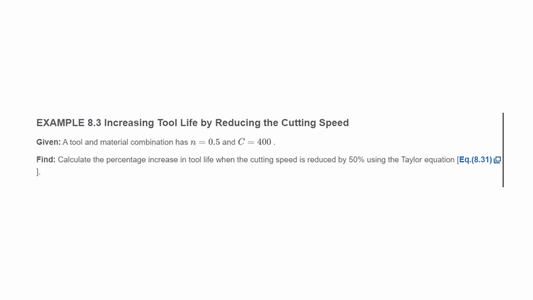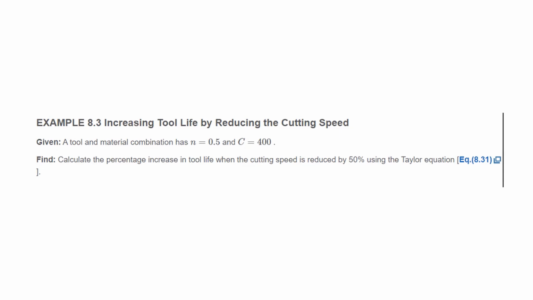This states that V1 T1^n equals C, right? So for the second case scenario it will be V2, the second cutting speed, multiplied by the corresponding tool life T2^n equals C. You agree?